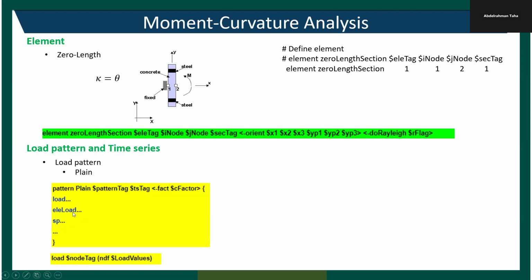And then within this load pattern, we have different commands. In this case, we just want to use the load command, which is used to define nodal loads, which is the case here. We give it the node tag. We want to apply this load to node number 2, so that would be the tag here. And then we specify which degree of freedom this moment is applied to and the load factor associated with this applied load.